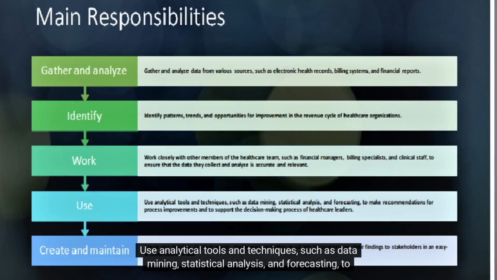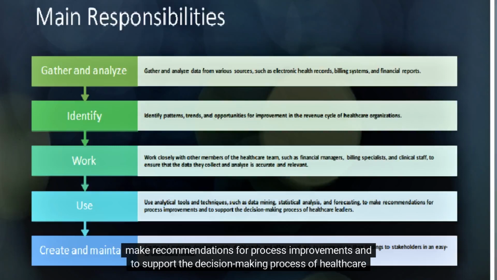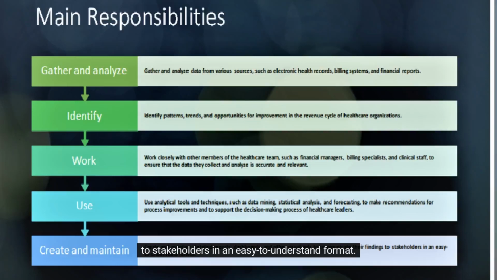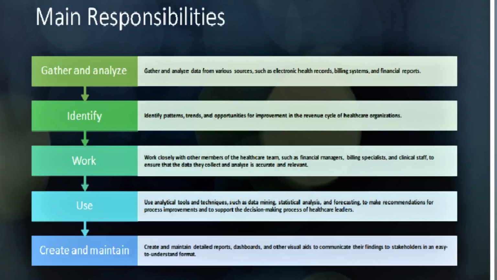Use analytical tools and techniques, such as data mining, statistical analysis, and forecasting, to make recommendations for process improvements and to support the decision-making process of healthcare leaders. Create and maintain detailed reports, dashboards, and other visual aids to communicate their findings to stakeholders in an easy-to-understand format.